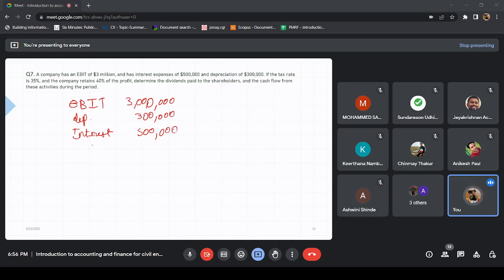Is there anything else? You have to pay the taxes also, no? So what would be the tax here? What would be the tax amount? You guys will have to calculate this.